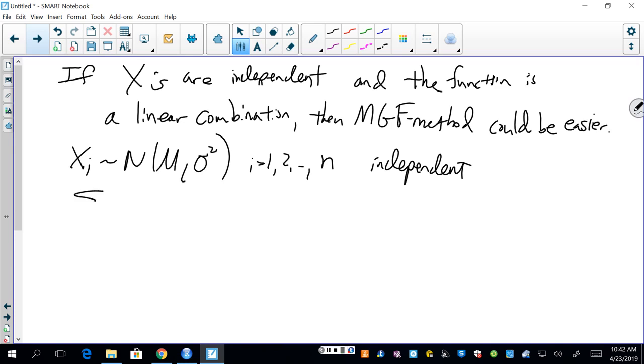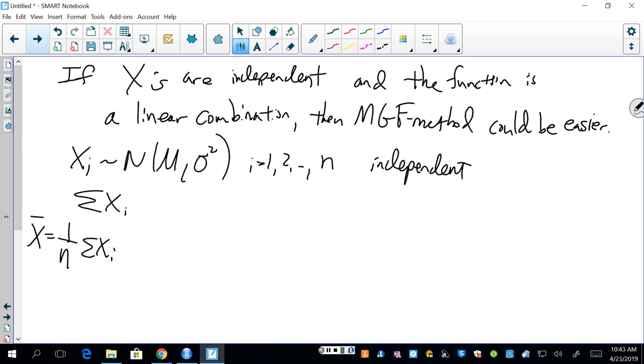What is the distribution when you add them all together? That's the sum. And what's the distribution when we divide that sum by n, and that's our sample average.